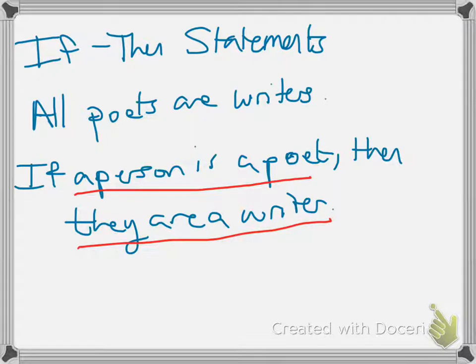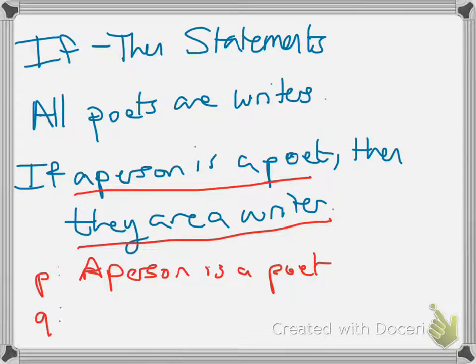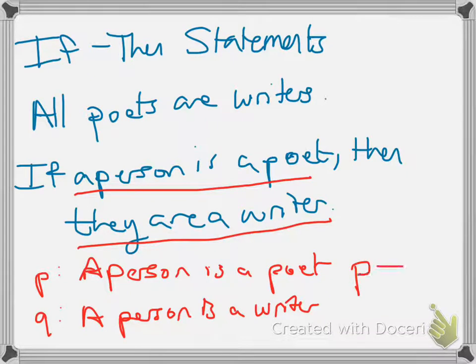So in that case, P is going to be a person is a poet, and Q is going to be a person is a writer. So that then we could write this as P arrow Q. And I'll sometimes abbreviate that. You can say it as if P then Q, or sometimes I'll say P implies Q. But if P then Q is really what we have going on here.